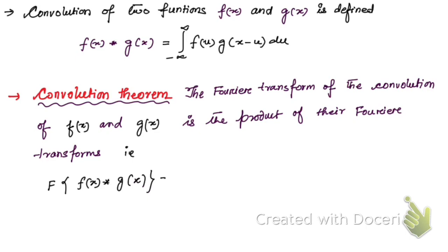Suppose we need the Fourier transformation of the convolution of f(x) and g(x). In that case, it is given by the Fourier transformation of f(x) times the Fourier transformation of g(x).